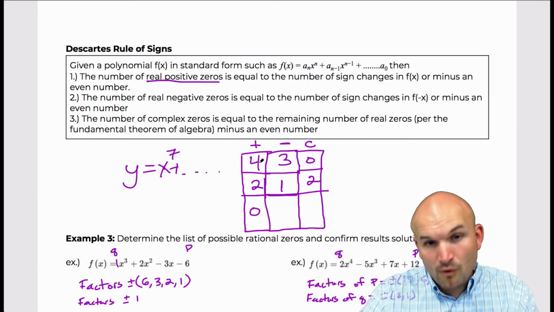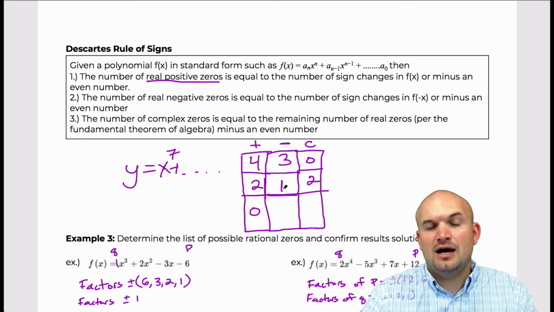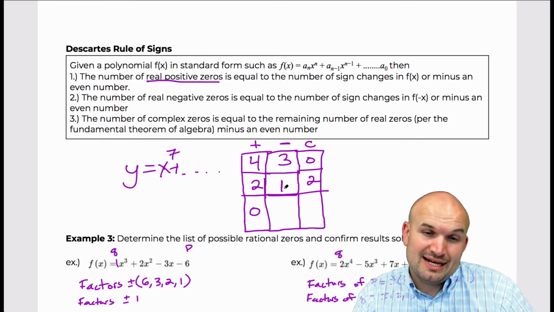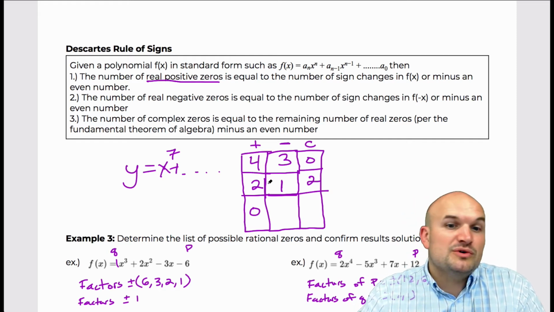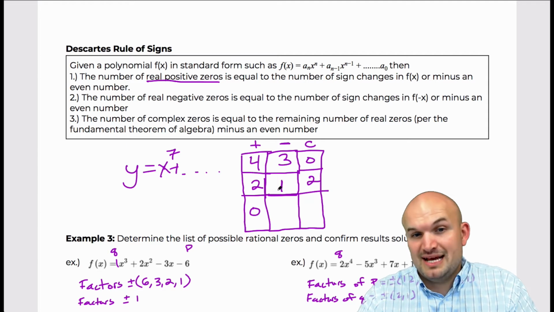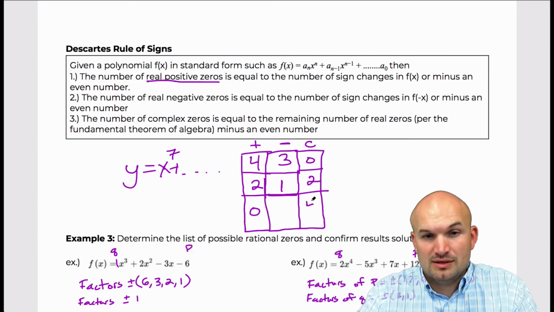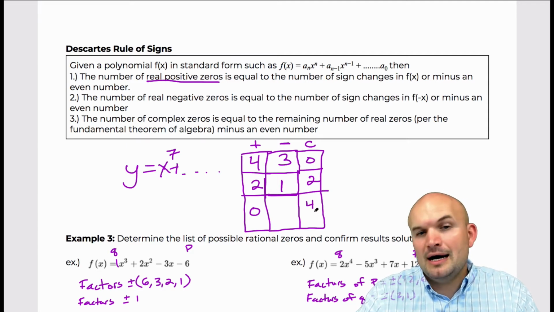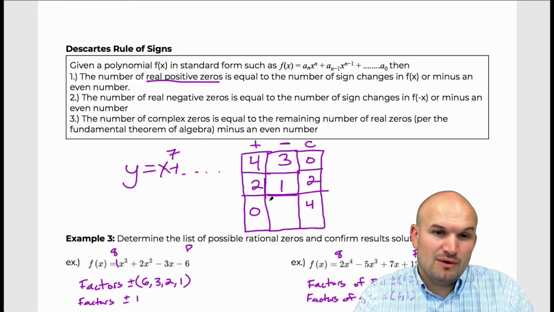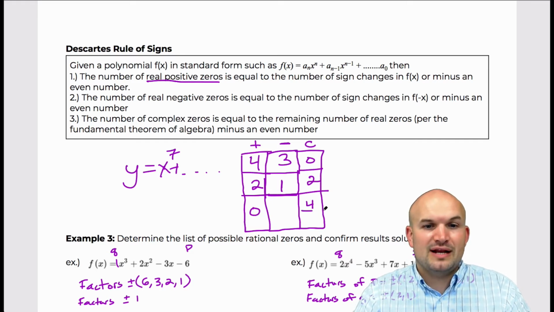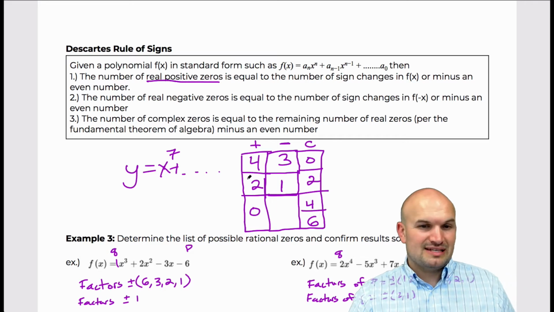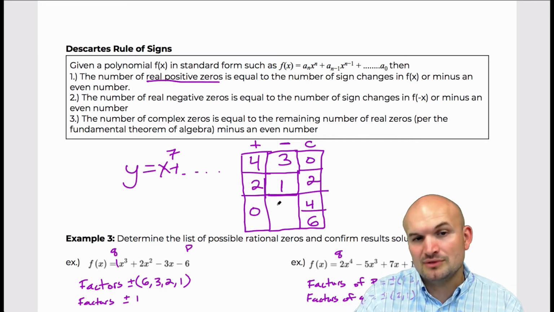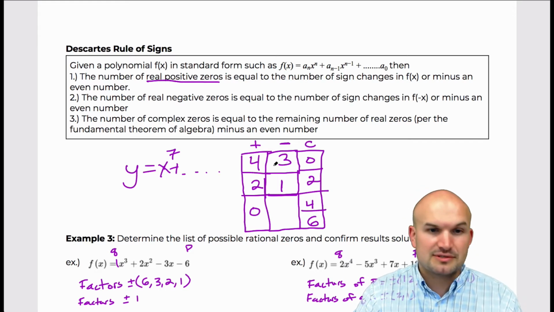You could have 4 positive and 1 negative, which would still be 2 complex. You could have 2 positive and 1 negative, therefore you could have 4 that are complex. And then you could have 0 positive and 1 negative, and therefore you'd have to have 6 complex zeros.